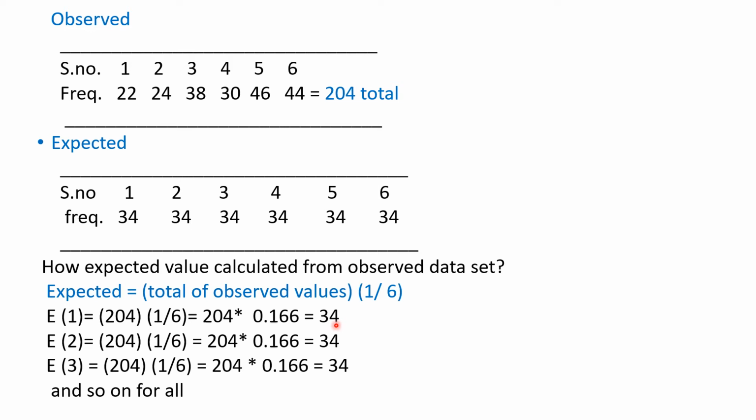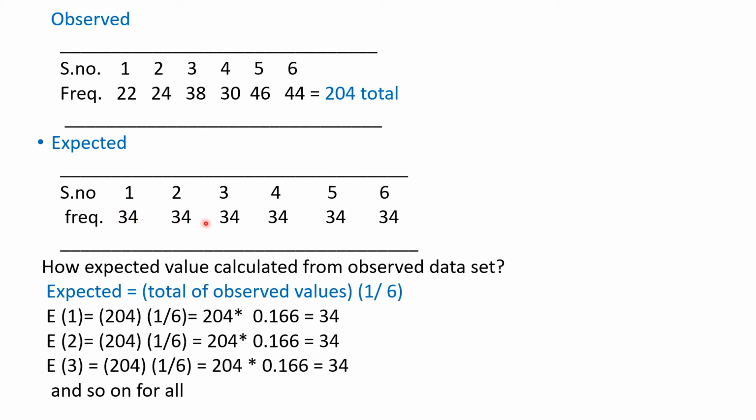Now you must be observing here that the expected value is the same, because we have only one expectation, that the maximum performance of the subjects, or maximum response, will go up to 34.